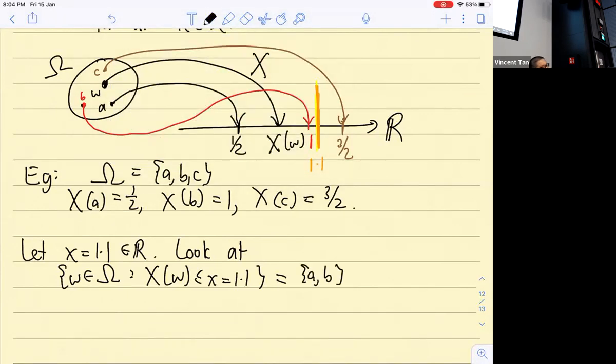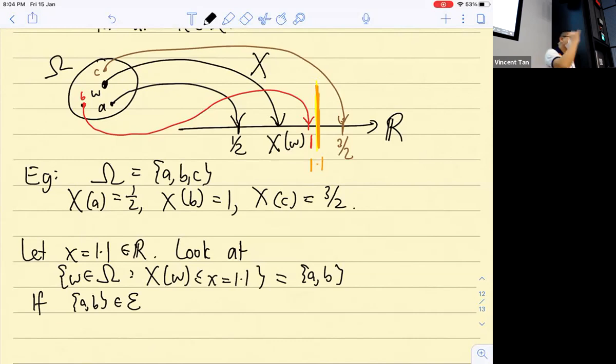Everyone will ask the question: is {A, B} an event? If our sigma algebra contains {A, B}, then {A, B} is an event. That means X is possibly a legitimate random variable. We need to sweep through all possible x to ask this question. Notice that whether or not a set is an event depends on the sigma algebra that you start off with.